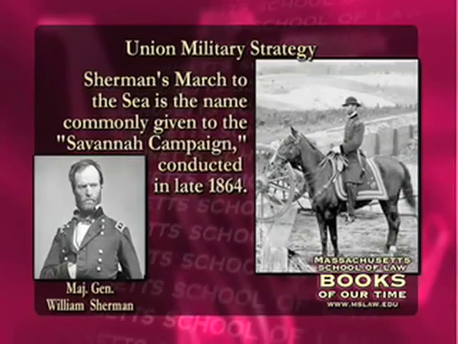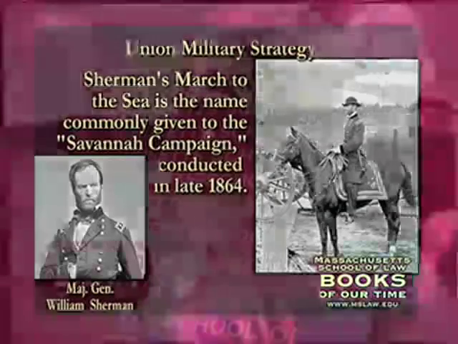The only way we're going to win this war is to completely destroy the ability of the Confederate states to wage war, destroy their property, destroy any property that can be used to wage war against the United States, and that includes slave property.